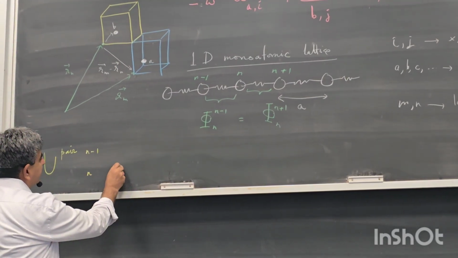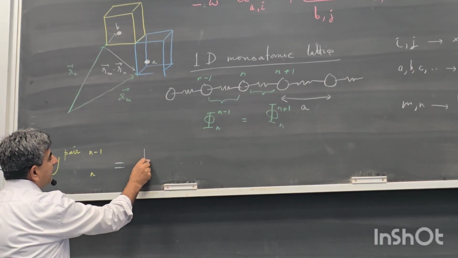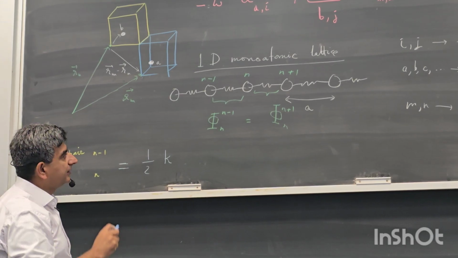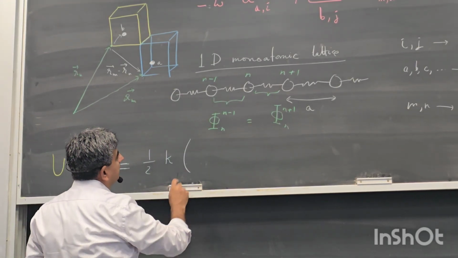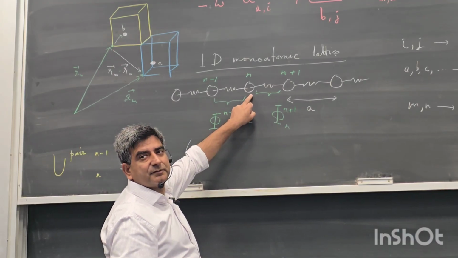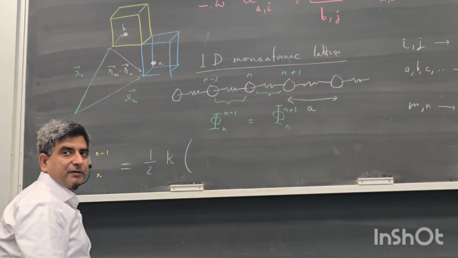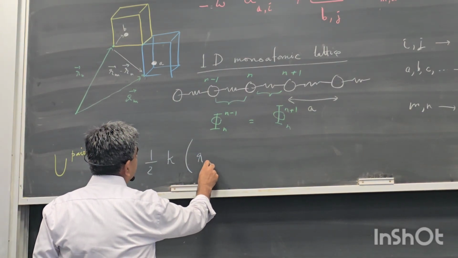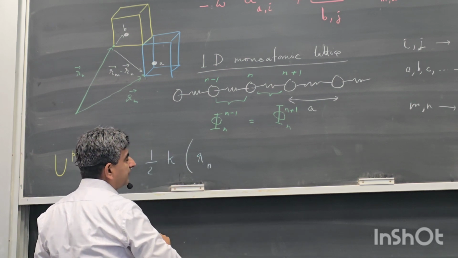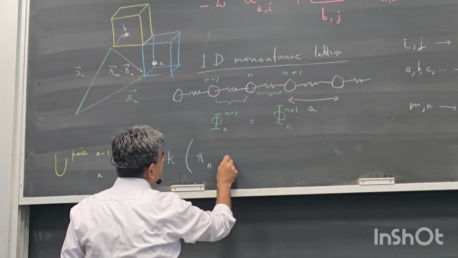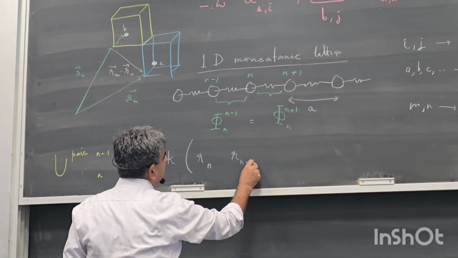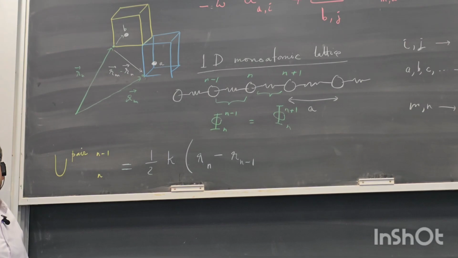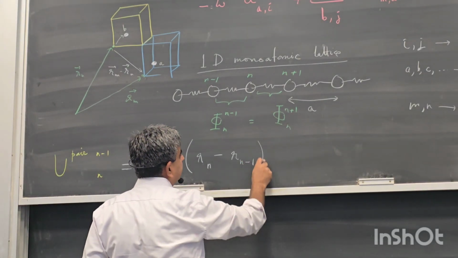If I were to write this interaction in the harmonic approximation, it will look like half K, and this would become the displacement of this atom. Okay. So let's call this R of n, the displacement of this atom R n minus 1. So the distance between these atoms is this, correct? Take the square of this.